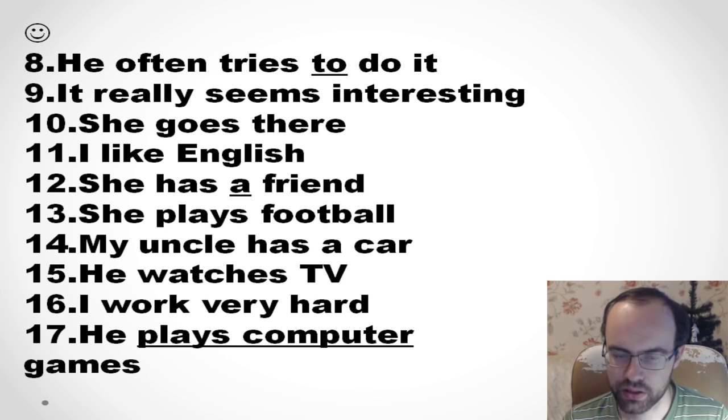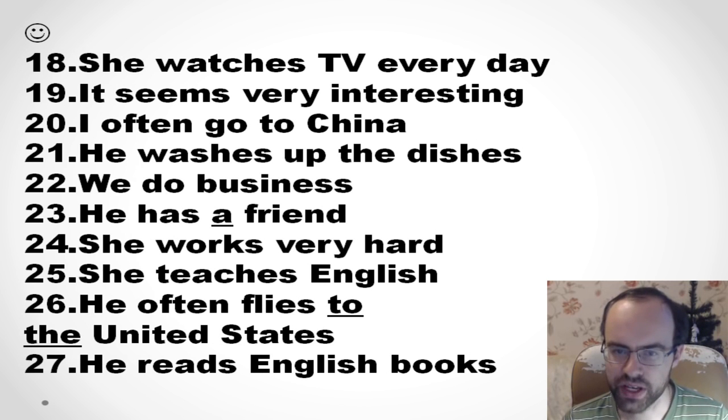She has a friend. She plays football. My uncle has a car. He watches TV. I work very hard. He plays computer games. She watches TV every day. It seems very interesting.